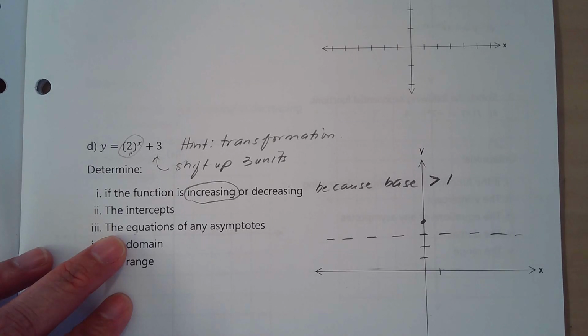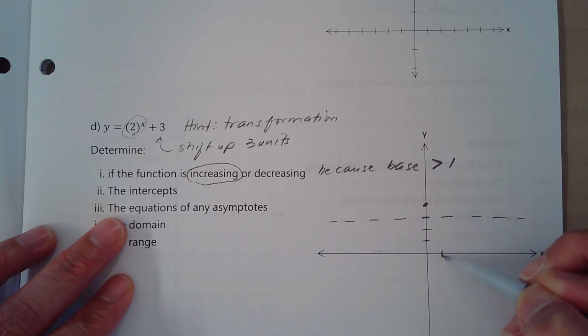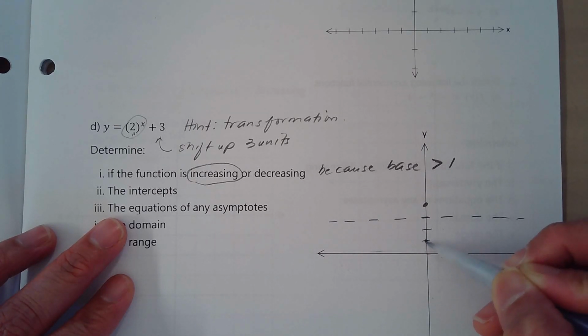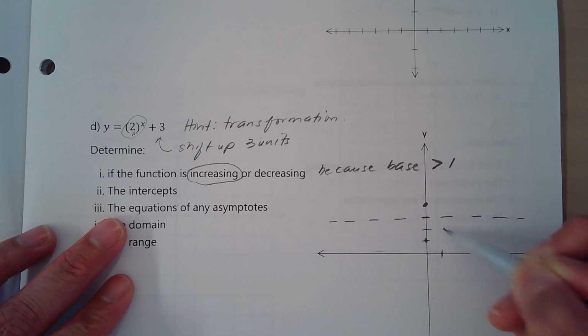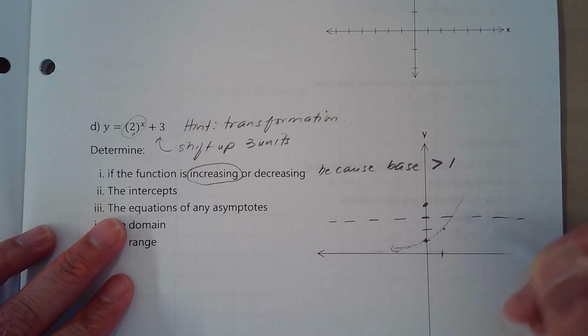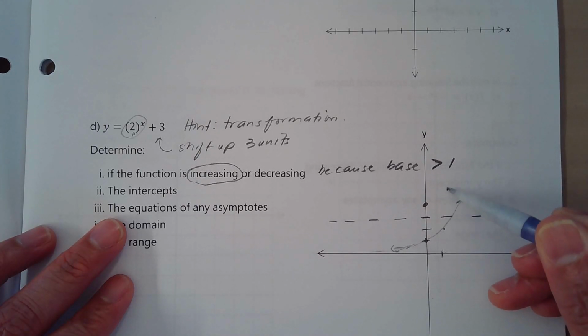Initially, our graph would be 1, 2. This is our initial base graph, but it shifted up 3. So 1, 2, 3.